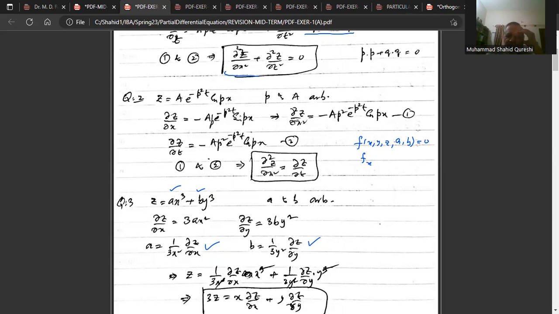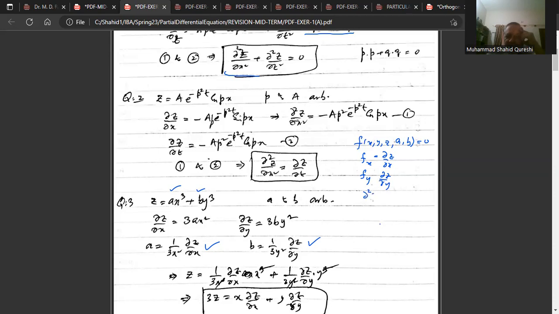Whatever fx is, that will involve some arbitrary constant. You go for x, and besides fx also fy. You don't go for fz. This fx is just partial z by partial x. This is partial z by partial y.